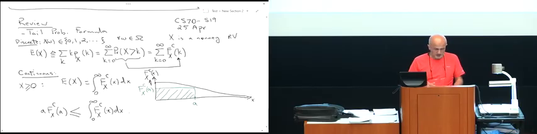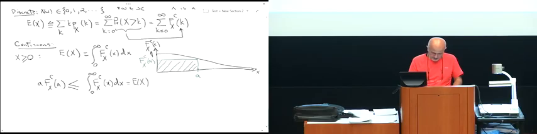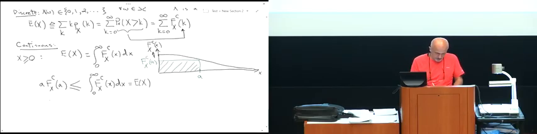Right? And what's the right-hand side based on what we saw in station 1? It's what? Everybody. Expected value. Thank you. And so what this says is that the complementary CDF is less than or equal to the expected value of X divided by a.